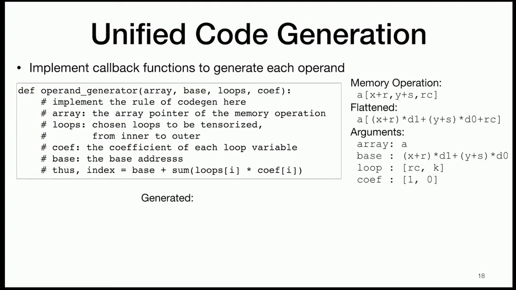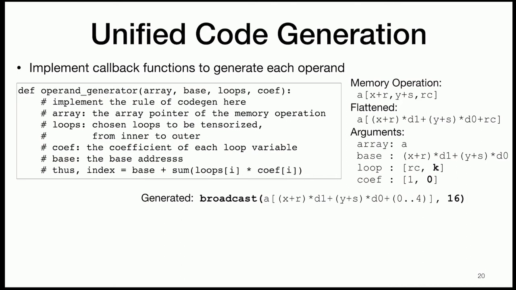Let's take the array access of A as an example. From inner to outer, the trip count of tiled RC is 4 and the coefficient is 1. So this loop level is vectorized by 4. And then we go to loop level K. The coefficient is 0, which means the index does not change when K changes.